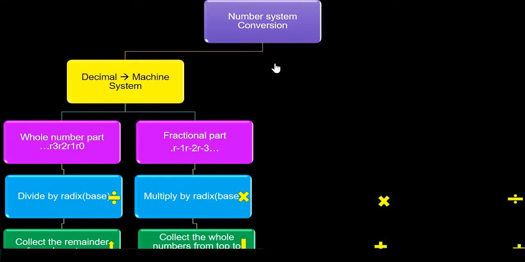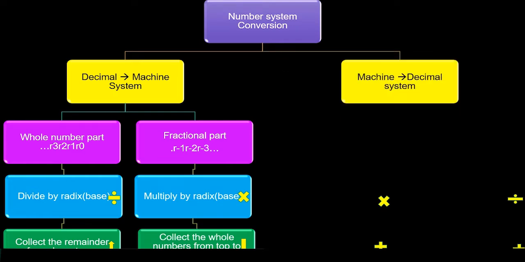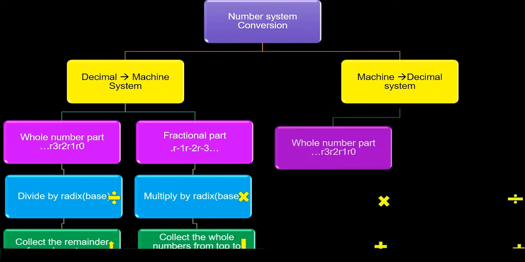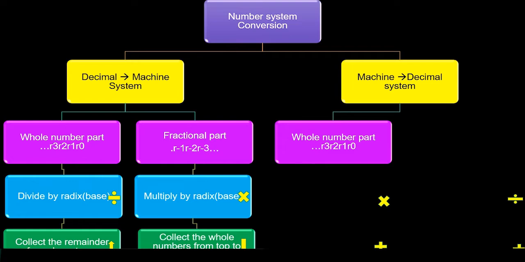Now coming to the next part, we have the machine to decimal number system. In order to convert from machine to decimal number system, again we divide into two parts: one is the whole number part, another is the fractional part.